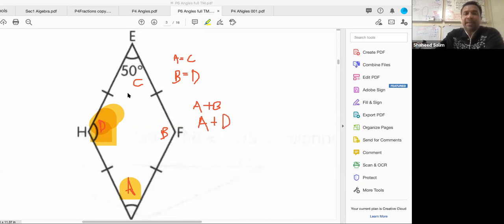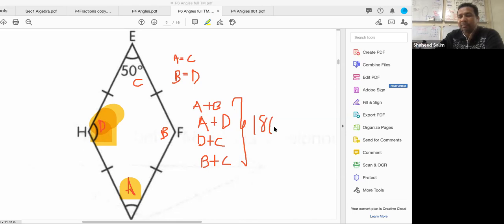D and C side by side also become 180 degrees, and B and C also. So all of these, when you add them up, become 180 degrees, always, for a parallelogram. What's a parallelogram? That means this side is parallel to this side, and this side is parallel to this side.